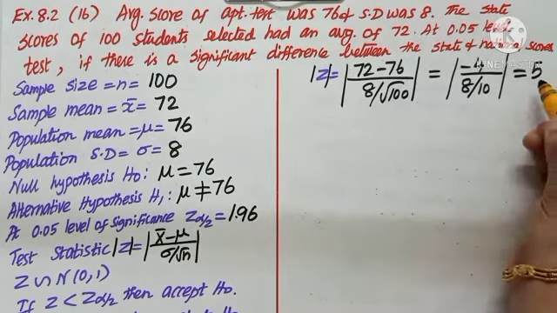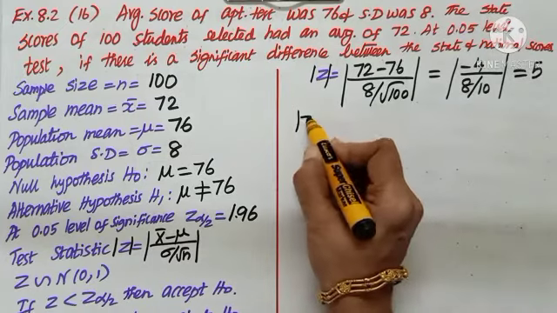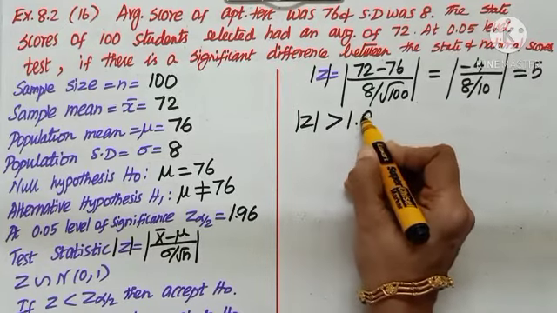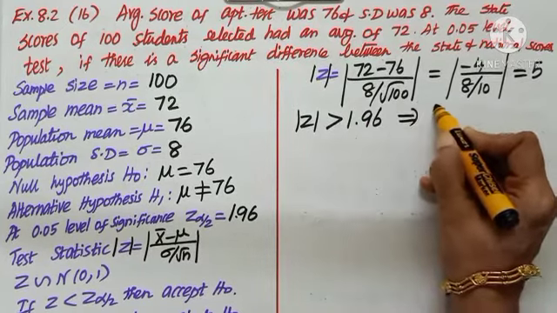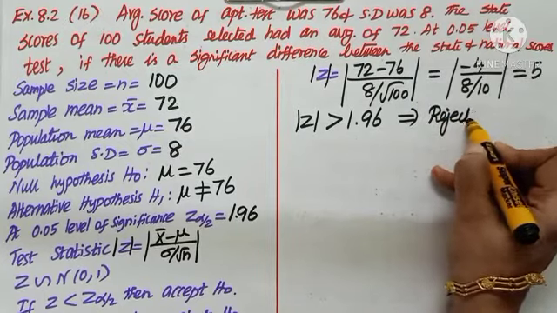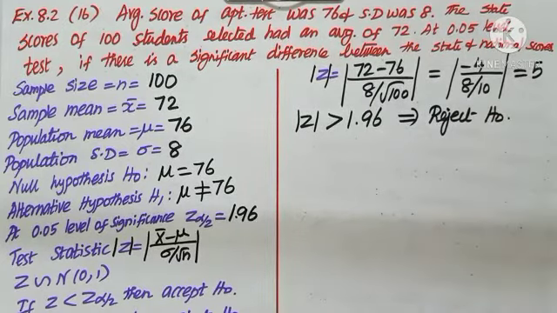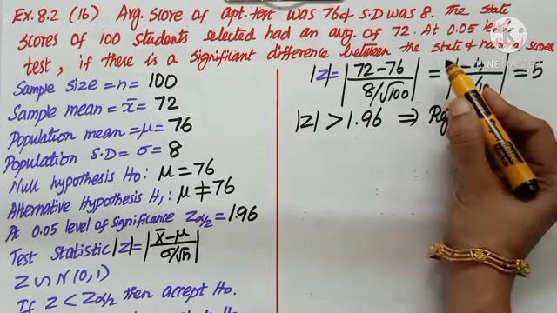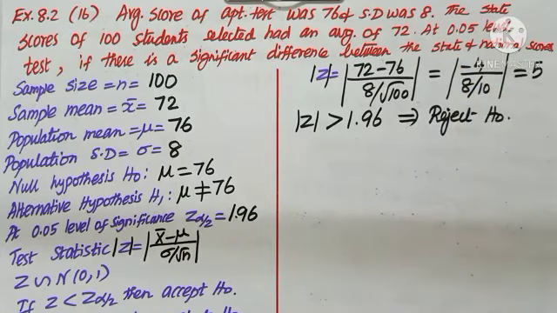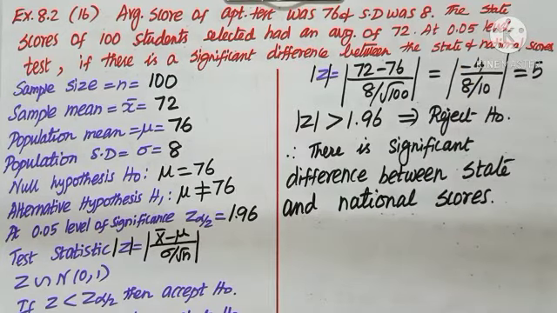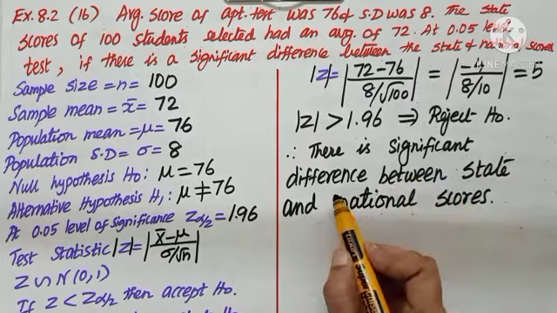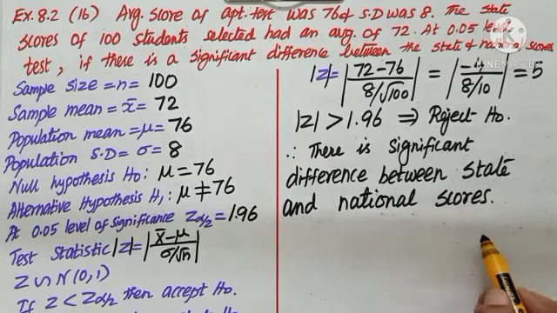So we get the value is definitely more than 1.96 and therefore reject H0. When you reject H0, we will say there is definitely a difference between state scores and national scores. So we just conclude there is significant difference between state and national scores.